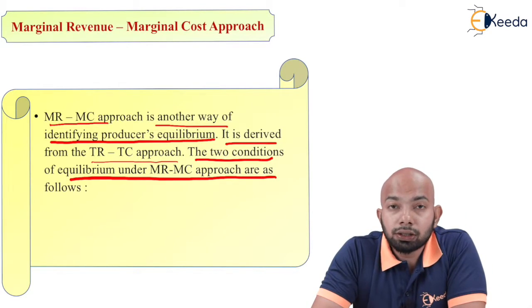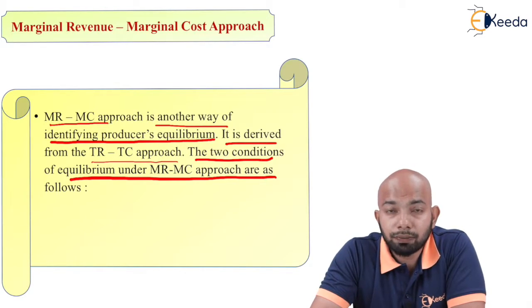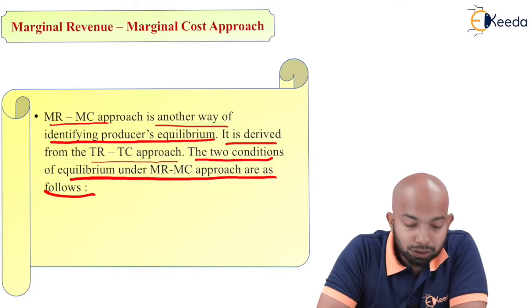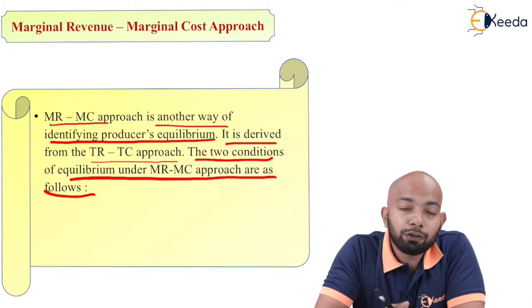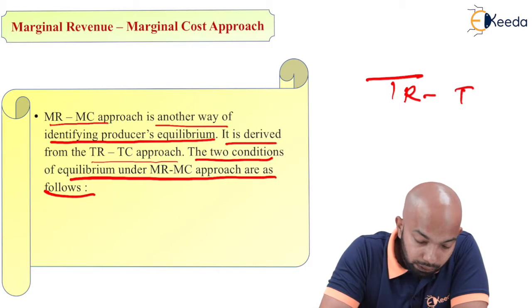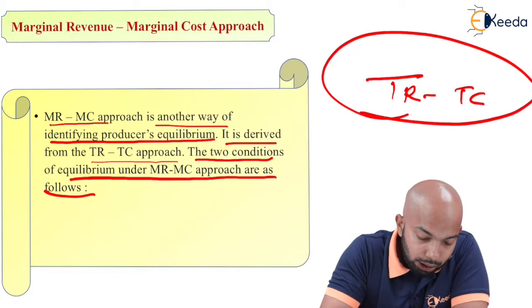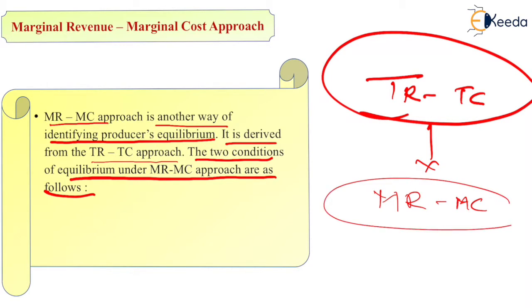The two conditions of producer's equilibrium under the MR and MC approach are as follows. But let me assure you, this has been derived from the total revenue and total cost approach. You can say that the total revenue and total cost approach has led to the rise of the marginal revenue and marginal cost approach.